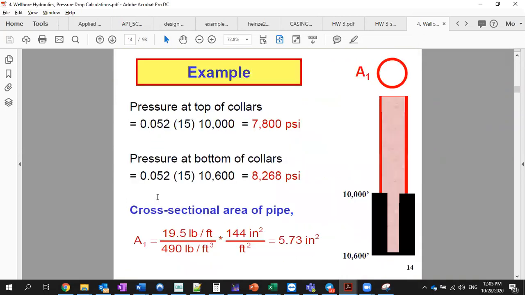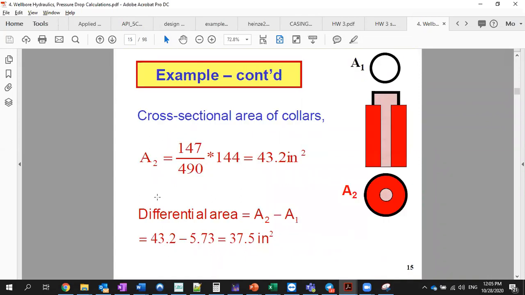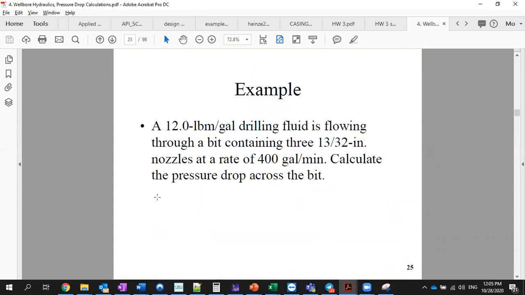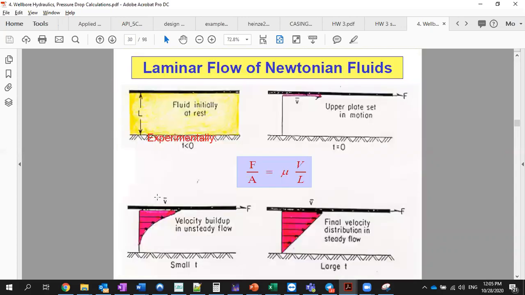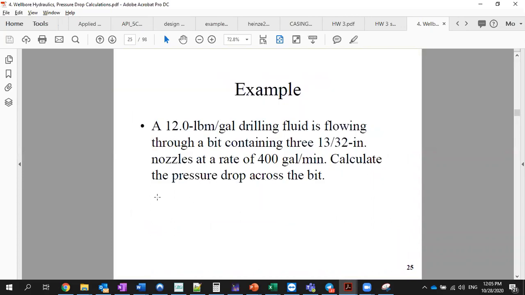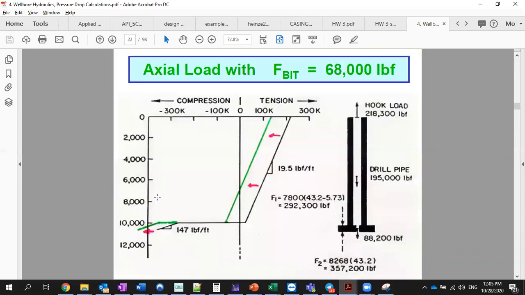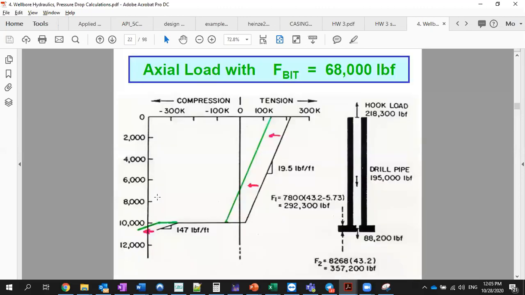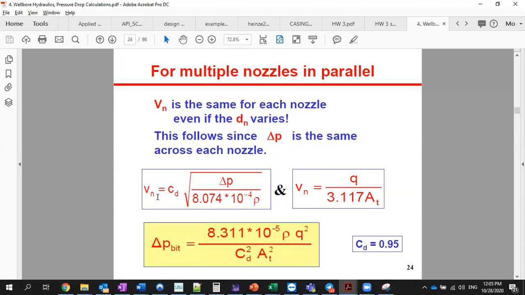But that's not specifically part of the exam, because we had one question in the last exam from this part. So officially, practically, your exam will start from these pressure loss calculations, which is slide 24.